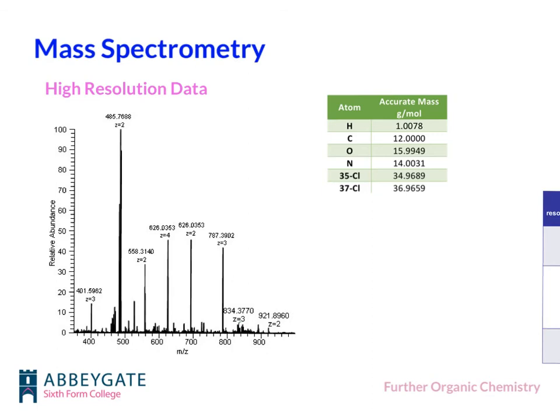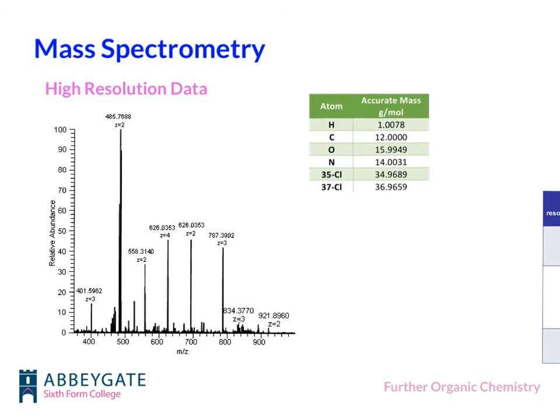You can see carbon has a mass of exactly 12.0000, and that's because if you remember when we did the definition of relative atomic mass, everything is given relative to the atomic mass of carbon-12, which is defined as having a mass of 12 grams per mole. And everything else is given relative to that.